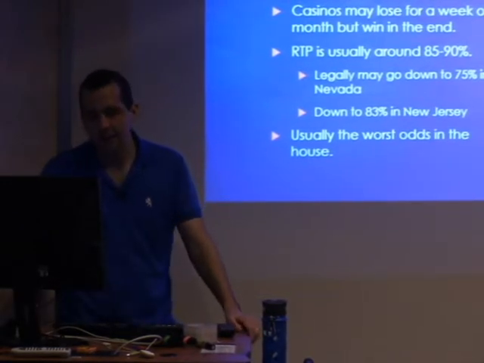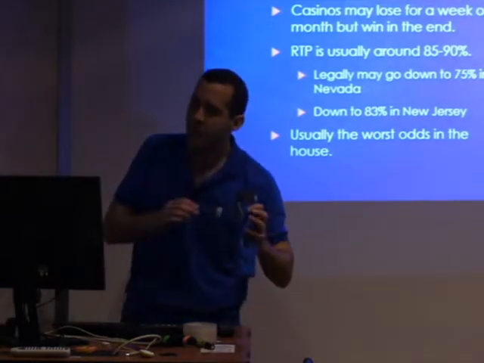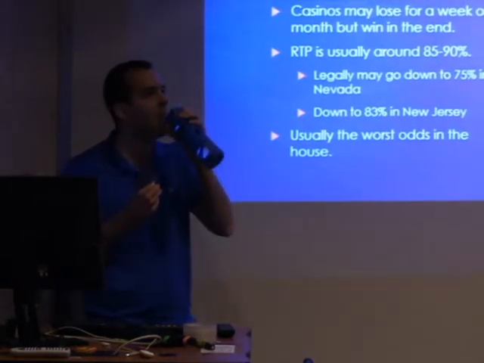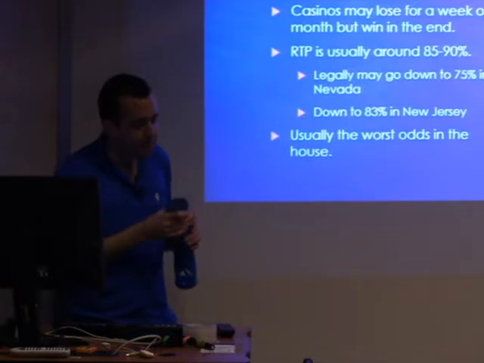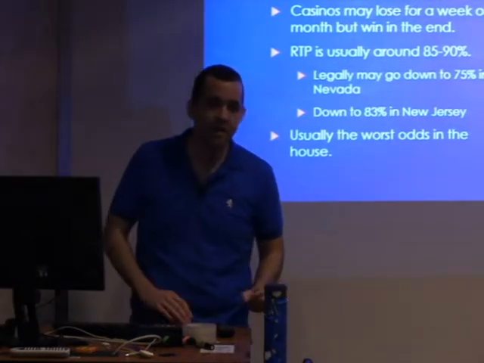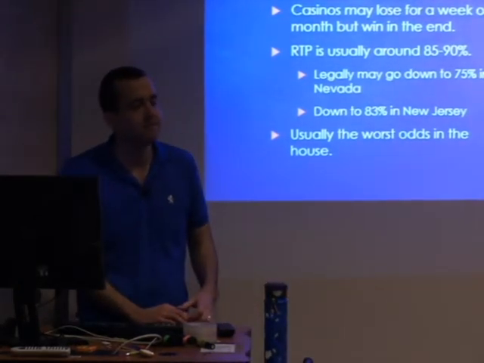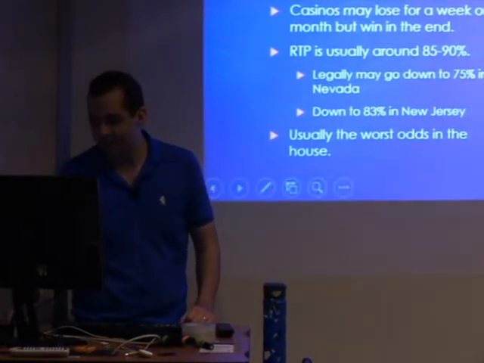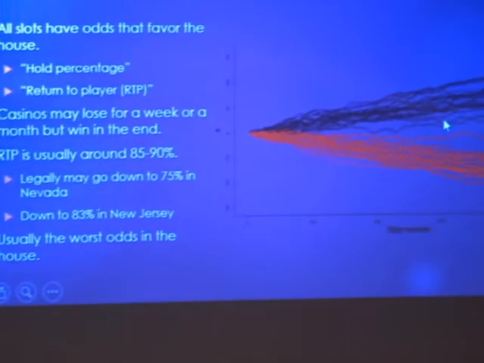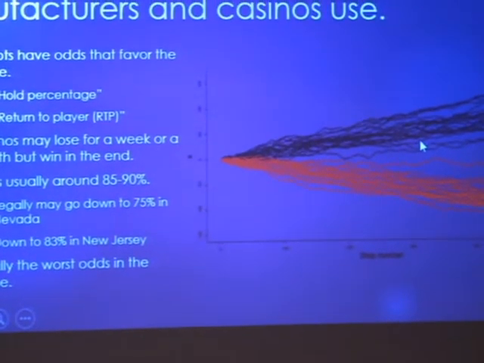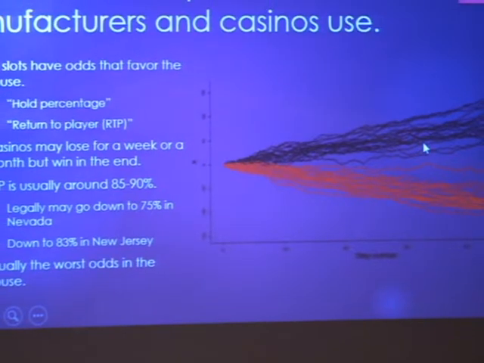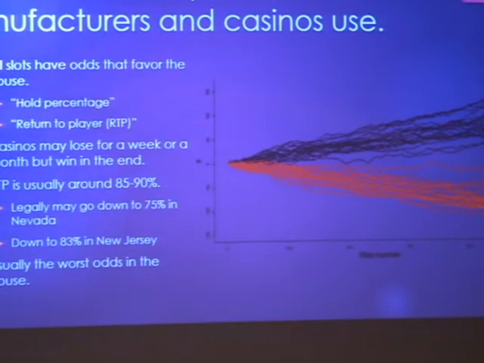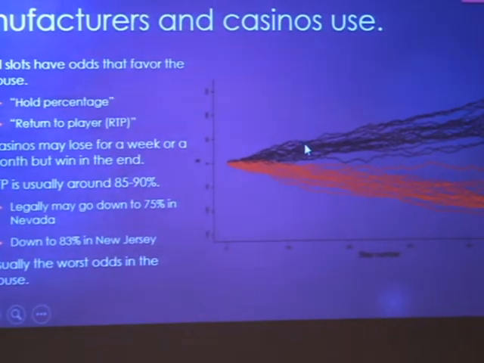All right. And specifically, what's interesting is that since everything is random, the casino can lose in the short term. They will always kind of win in the long term. What I have right here, and a little bit of the math nerd in me coming out, is a graph of a bunch of different samples of an asymmetric random walk, which can actually be used to sort of visualize roughly what's going on.